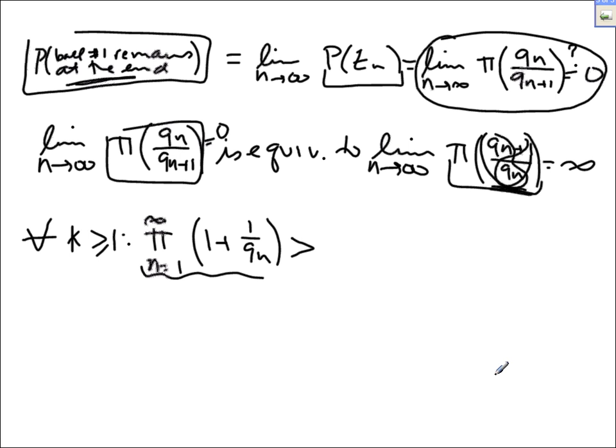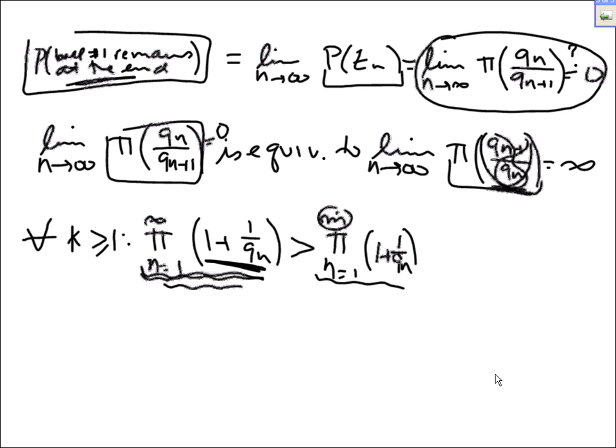Now, this is going to be bigger than the product as n goes from 1 to, say, m of 1 plus 1 over 9n. Now, why is that? Why is this left going to be bigger? Well, this is pretty much the same as what we have on the left, except we stop at m. Now, each of these numbers that we're multiplying, here or there, are bigger than 1.